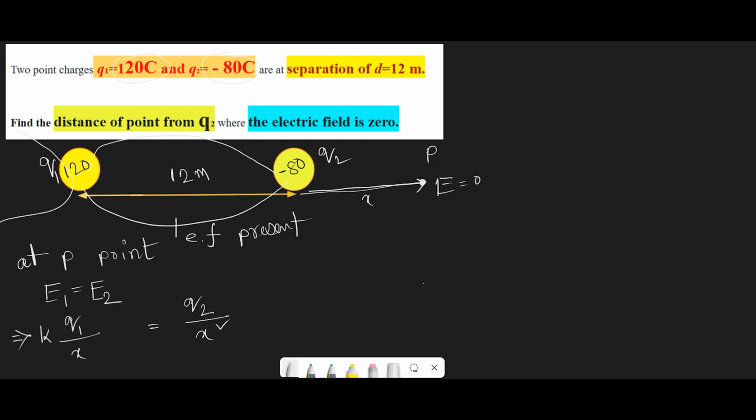Now from Q1, what will be the distance? So this will be from here up to this one, so 12 plus X. So write down 12 plus X or X plus 12, same thing.